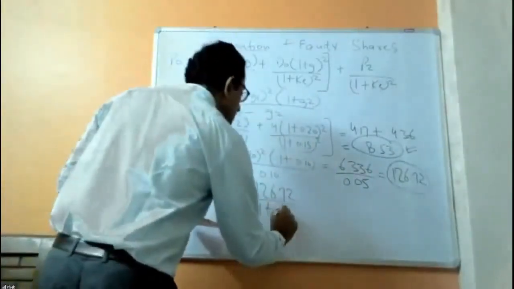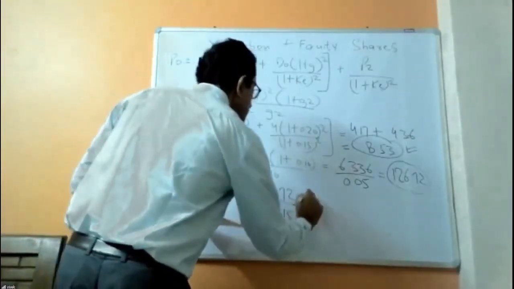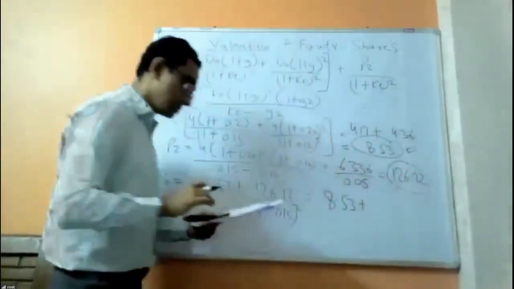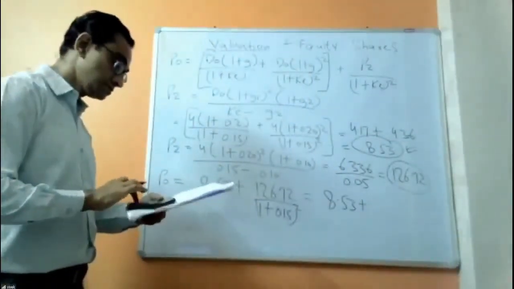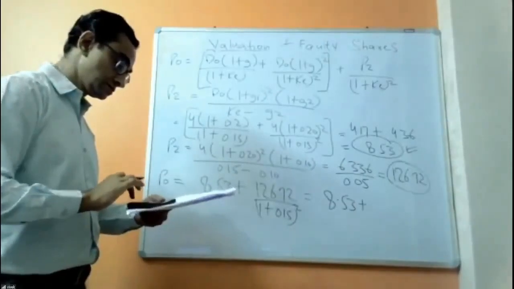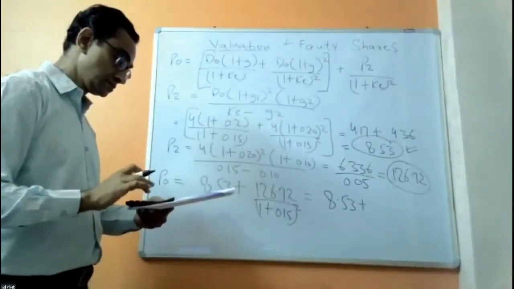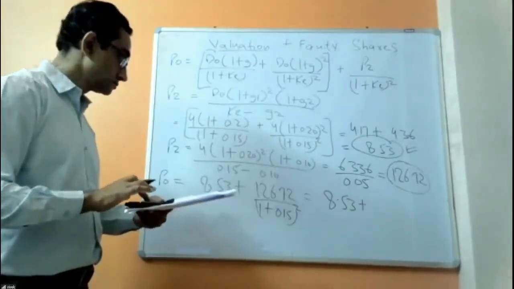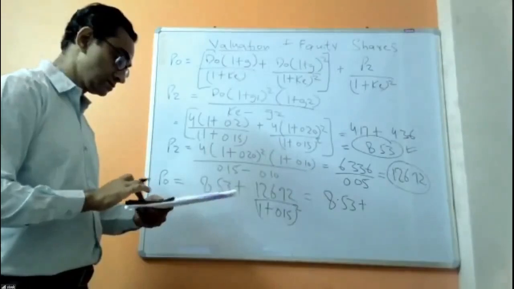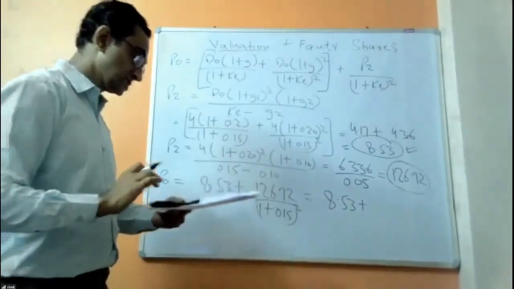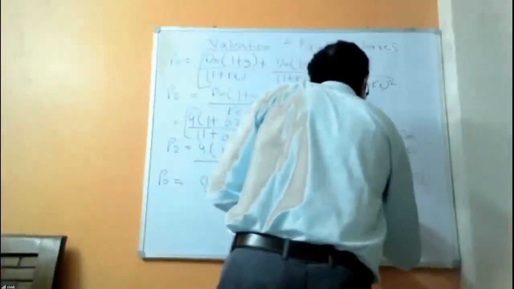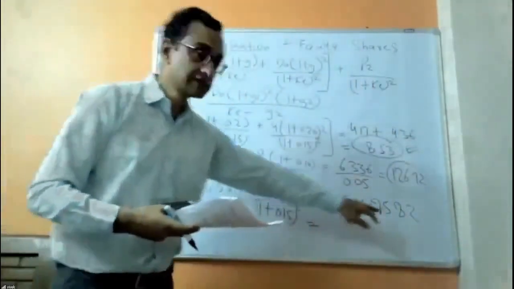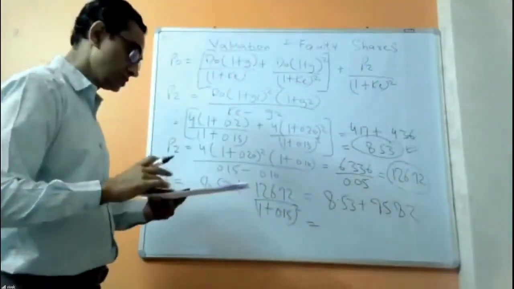K is the cost of equity, 0.15, squared. Let us calculate it. 8.53 plus 95.82. It's coming to 95.82. So 8.53 plus 95.82.